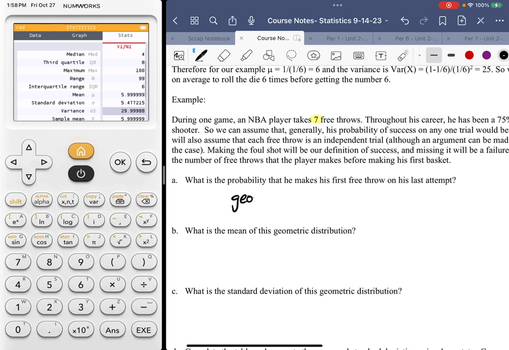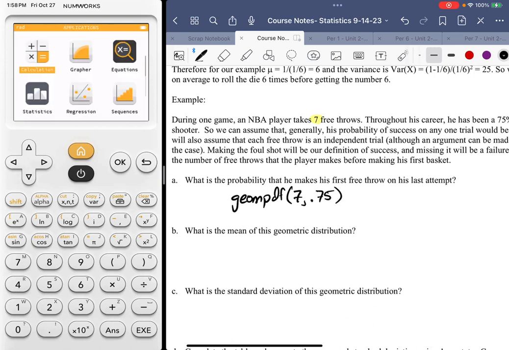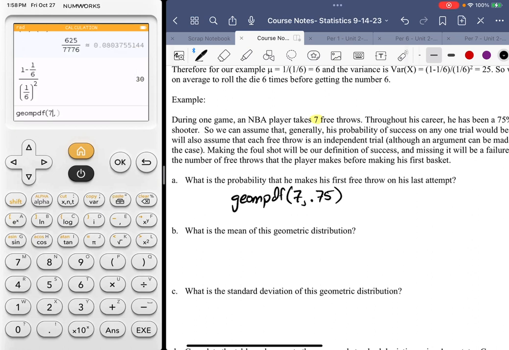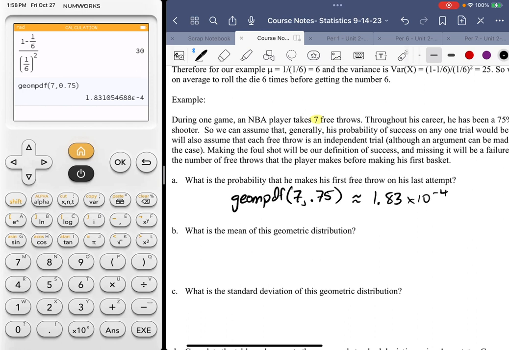We want to know what the probability is that he will make his first free throw on his last attempt. So that's geometric PDF. He's going to get it on the 7th, and he's got a 0.75 chance of making it. So in my calculation app, Geom PDF, 7, 0.75, lock it in. Very remote possibility. So 1.83 times 10 to the negative fourth.